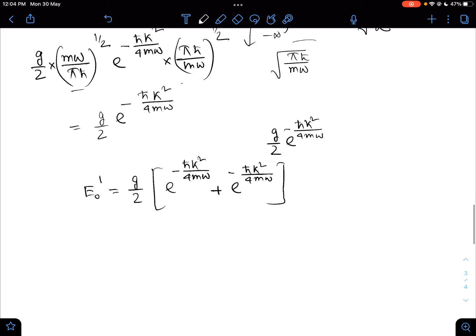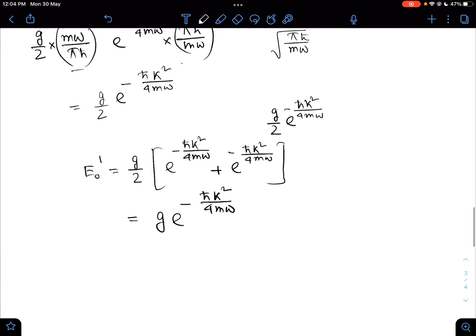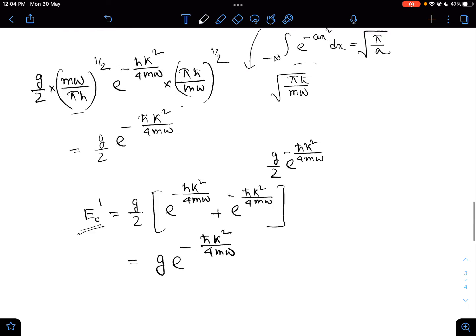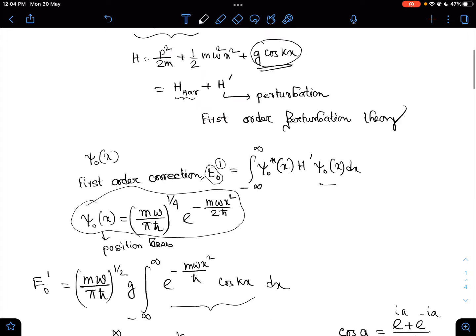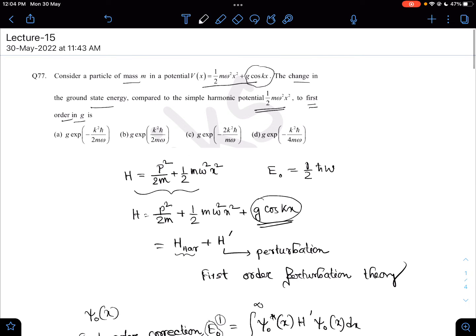That means it will be g e to the power minus ħk² by 4mω. So this is our correction term in the energy of the harmonic oscillator potential if we perturb it with a potential of the form g cos kx. So our correct option is D.